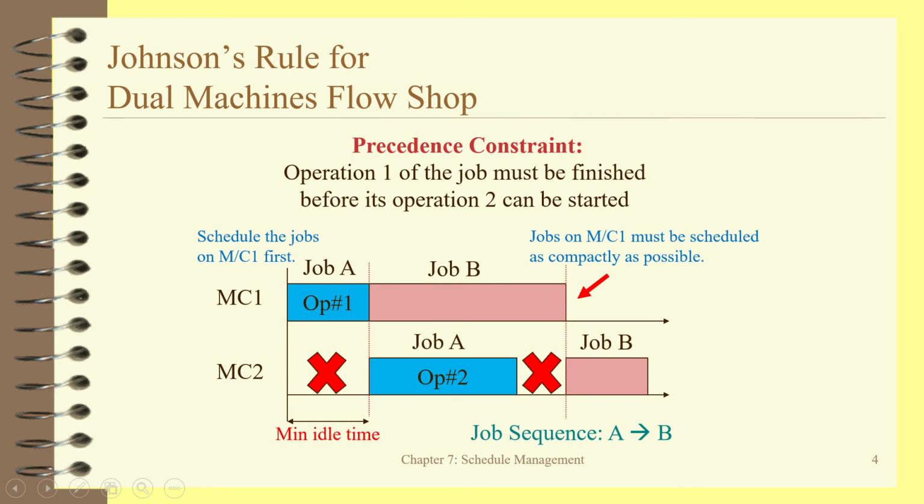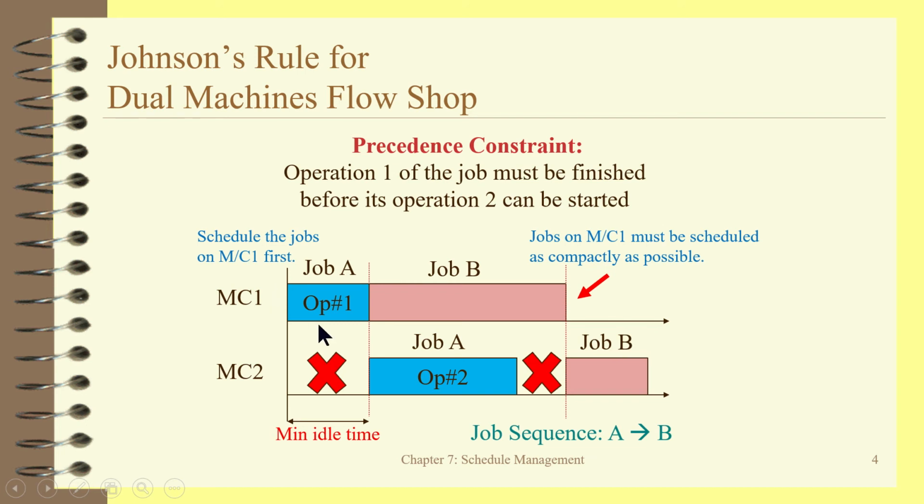Coming back to the precedence constraint. It says that operation 1 of a job must be finished before operation 2 can be started. Looking at this one, the Gantt chart for the dual machine flow chart, we have machine 1 here and machine 2 here. This is the Gantt chart for machine 1, and this is the Gantt chart for machine 2.